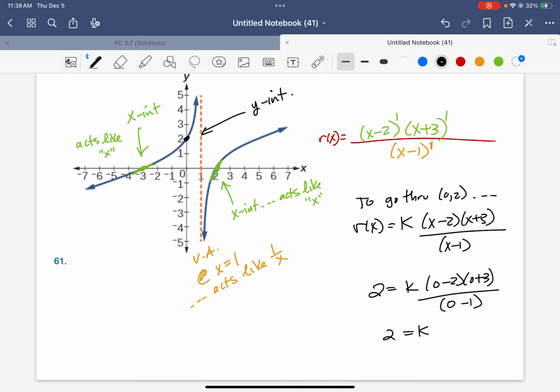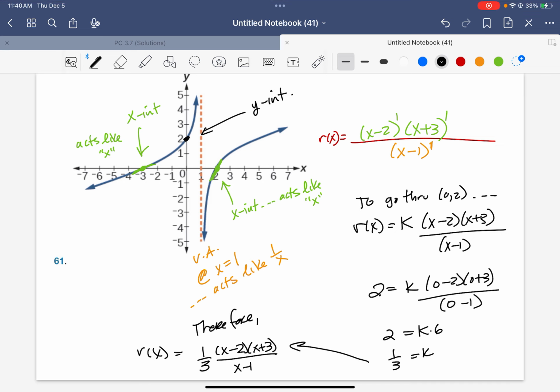And that means k better be equal to -6 over -1, which is 6. So in other words, k is equal to 1/3. Therefore, my rational function is just 1/3 times (x minus 2)(x plus 3), all that stuff over x minus 1. That's it.